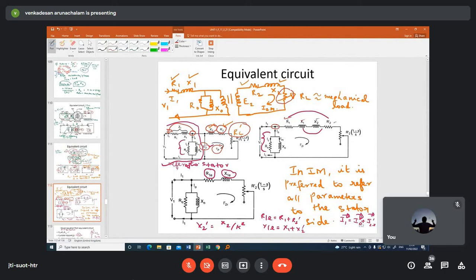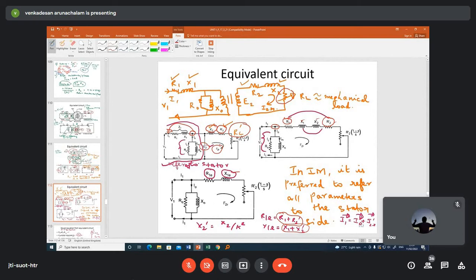Now this R1 can be added with R2 dash, that is R1E. R1E is nothing but R1 plus R2 dash. X1E is nothing but X1 plus X2 dash. And finally, the equivalent circuit referring to the stator side comes out very simple like this.